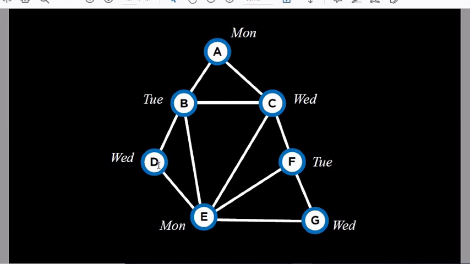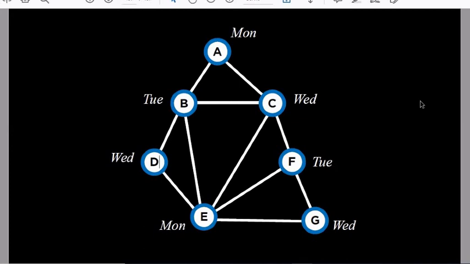Luckily, we had only one problem here, so it didn't take that long to figure it out. Now think about 10,000 students taking 30,000 courses, and there are exams on 7 days. Now the problem will be very, very complicated, and the backtracking algorithm will take a considerably long time to give us the optimum result.